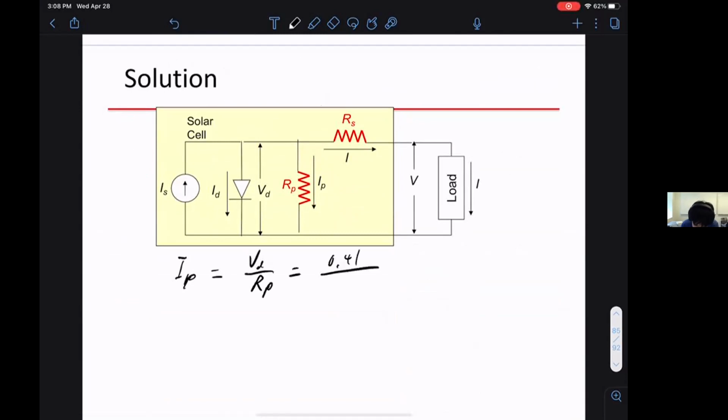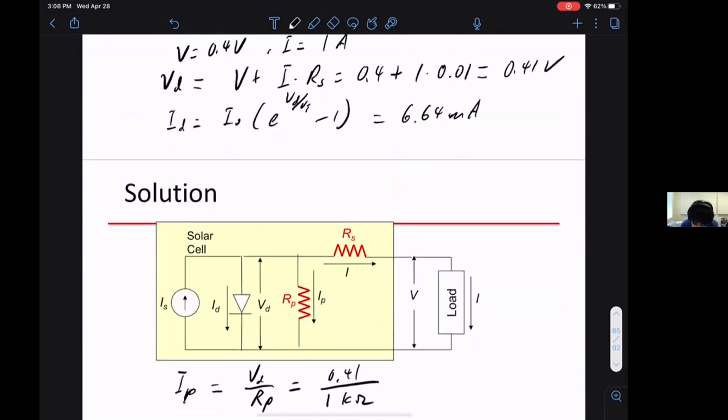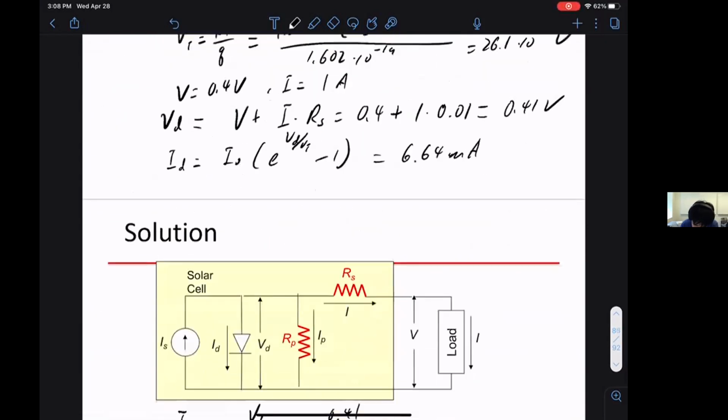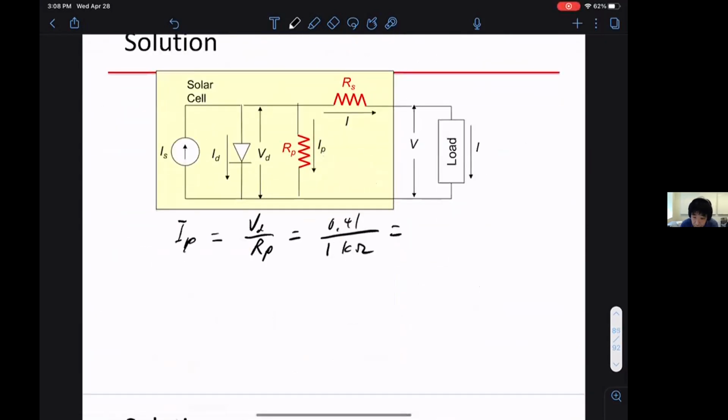We know the shunt resistance is 1 kilohm, which is relatively small. So this is 0.41 milliamps. My total current coming out of the current source is the sum of all these.